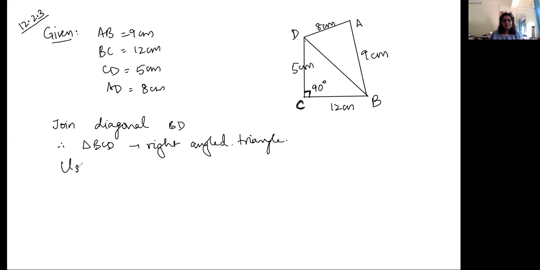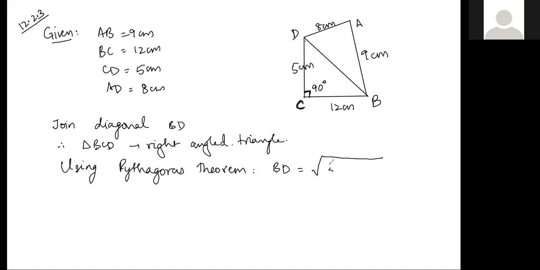So then using Pythagoras theorem, you get BD equal to root of 5 square plus 12 square, which is equal to, you should ideally get, 13 centimeters.